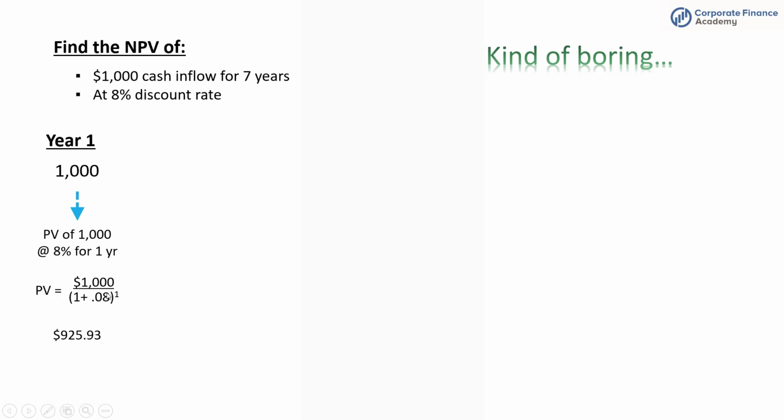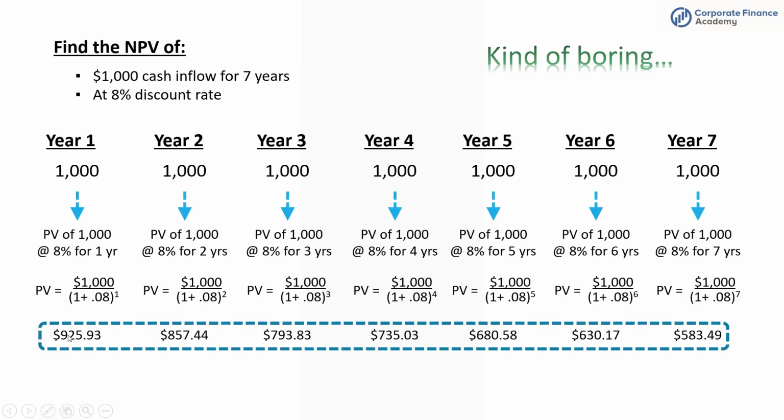You do your present value formula, or more likely you plug it in Excel, and you find that that's worth $925.93. And then you're going to do the same thing out for each year. So that's how you would longhand do this. You would do your present value each year. And at the end, you're going to say the sum of all those present values of the $1,000 for 7 years is worth $5,206 today.